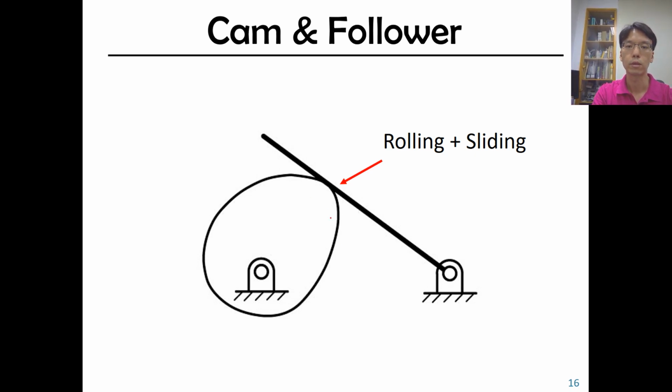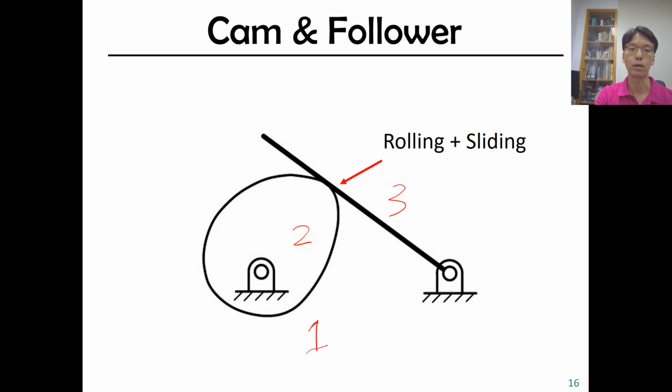So for these mechanisms, there's also a joint. Let's call this bar 2, bar 3, bar 1. Okay, there are 3 components. Just for your information, usually through this entire course, we always call the grounded link 1.